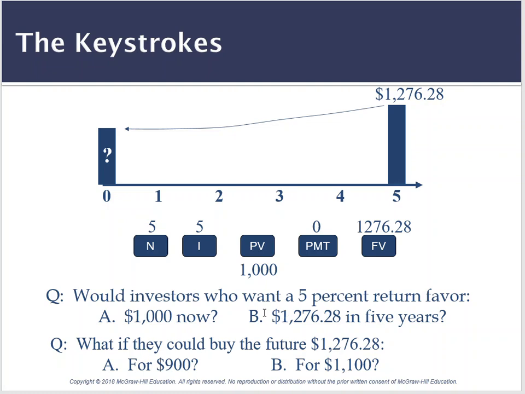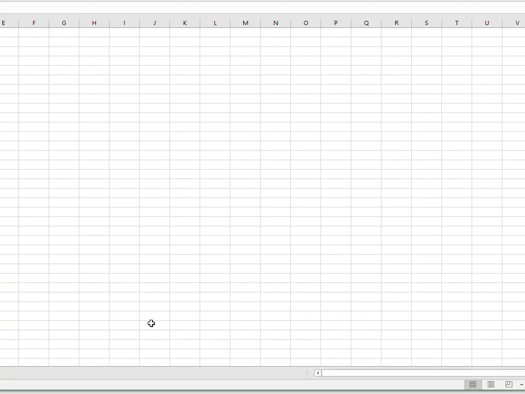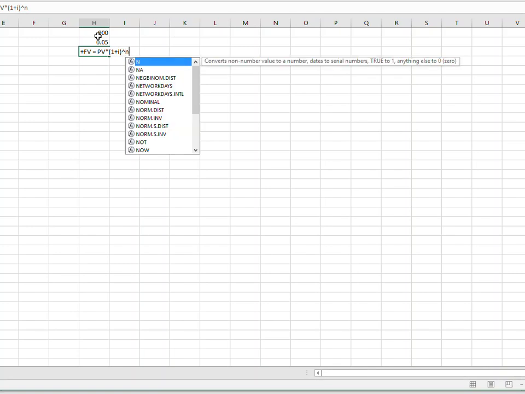Let me see really quick if I can do this for you. If we were to have $900 today and we had a 5% return, 0.05, the future value is equal to present value times 1 plus the interest rate to the nth power, whatever the period is.